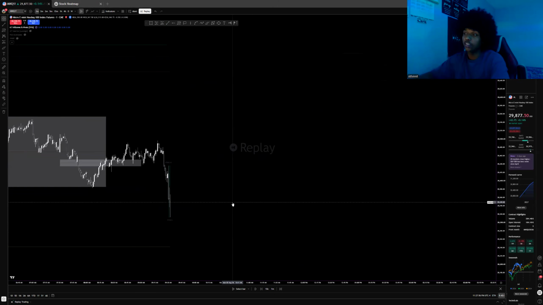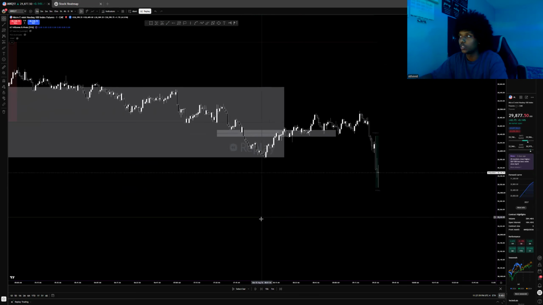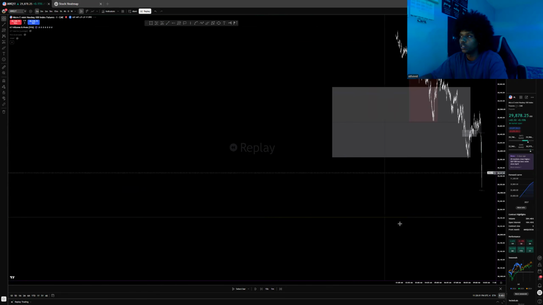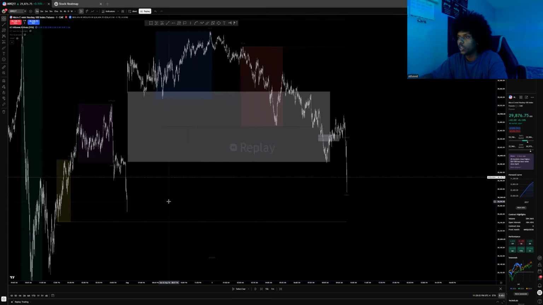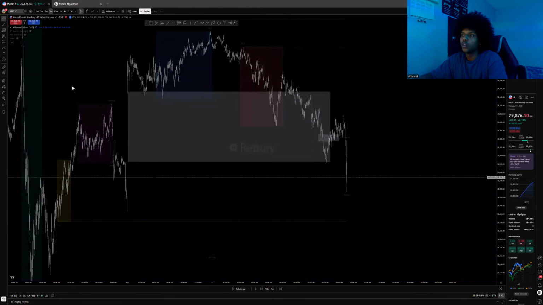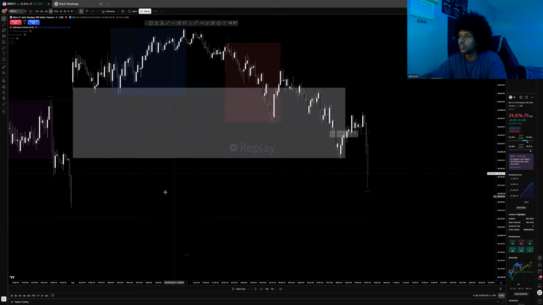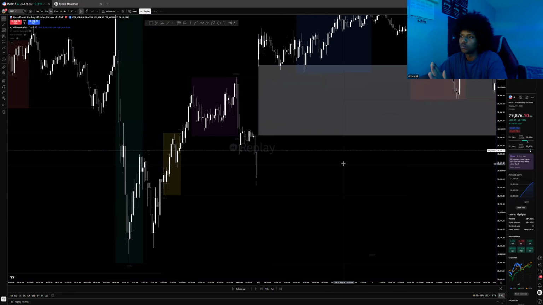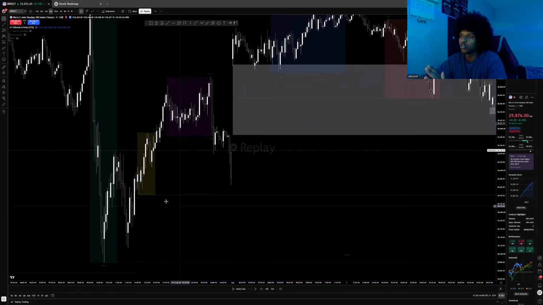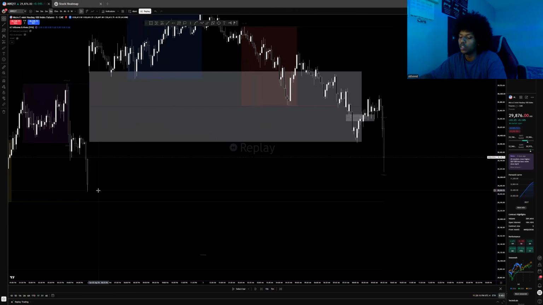So what is price actually doing here, right? We are just coming back a little lower and then holding. Nothing on the left, nothing on the left.